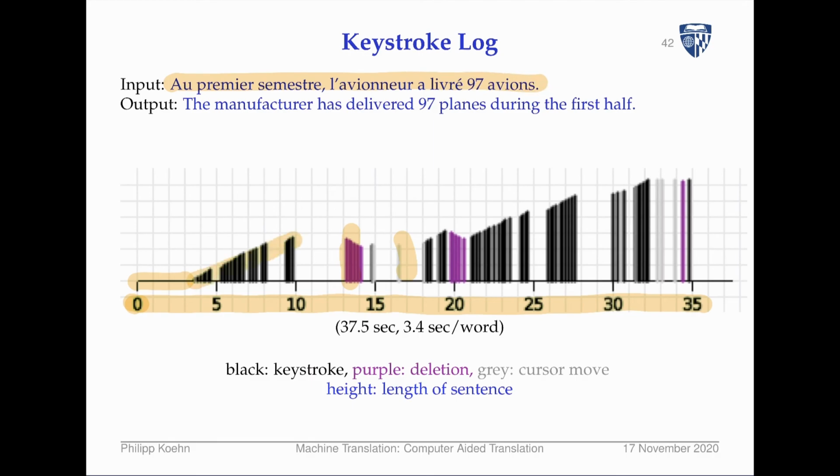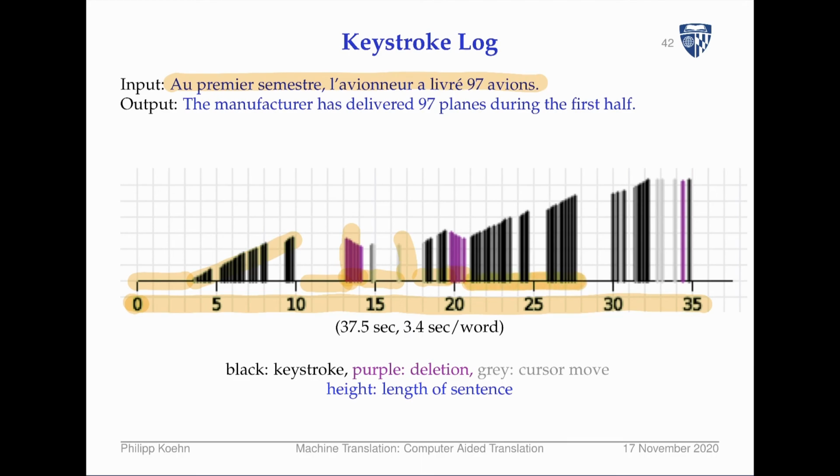A relatively decent pace for 7 seconds, but then a pause. And then some of the stuff that the translator typed at this moment, the translator deleted again. Some cursor movement, some more typing, some more deletion, but then an extended period of typing.